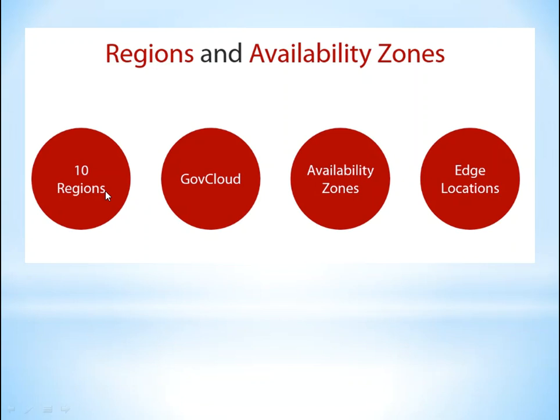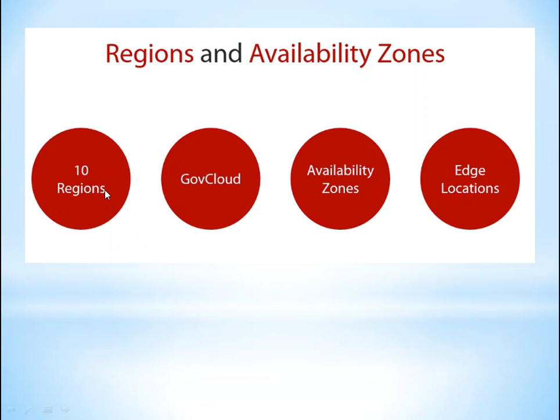Take an example of northeast, south, Europe. So it's been divided into some meaningful naming conventions. Regions are just geographical locations. And availability zones are where the data centers reside.